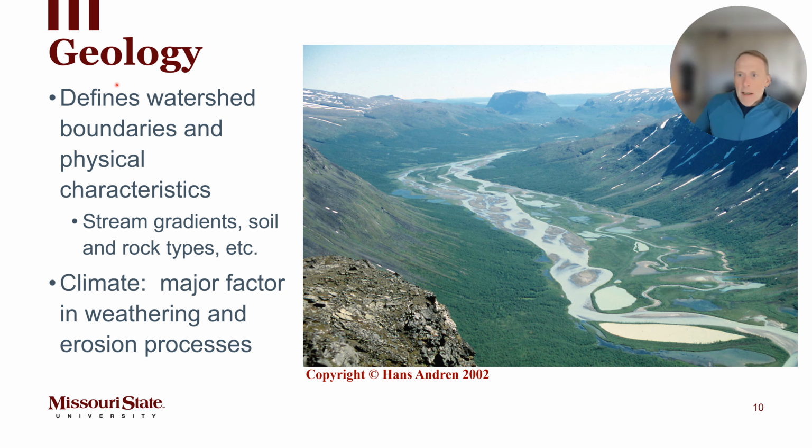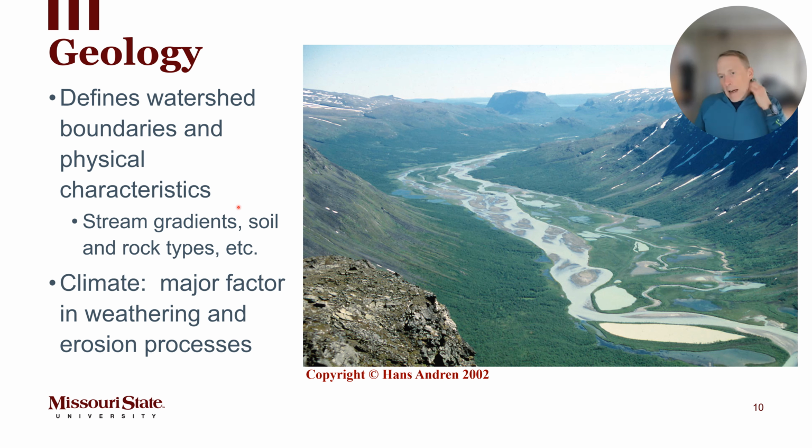All right, geology. So geology does several things to our watershed. First, it defines the boundaries. I guess you could argue technically it's topography that forms the boundaries, but geology is sort of a control on topography to some degree. The type of bedrock you have, the distribution of that bedrock, how easy that bedrock is to weather.